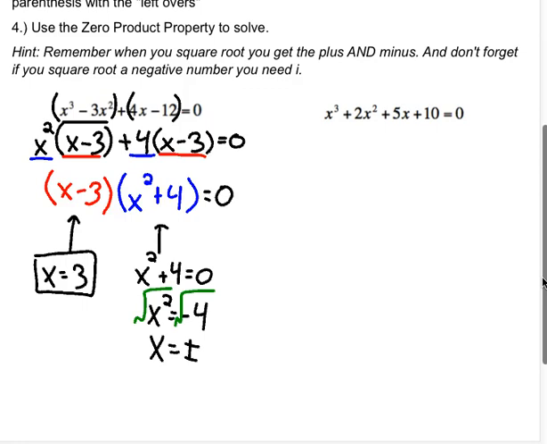In this case, I'm square rooting a negative number. Remember, when you square root a negative number, you're getting an imaginary number. So the square root of 4 is 2, and because of the negative, I'm getting the i. And there we go. So always remember that quadratic piece needs to give you two answers. Remember that you need to get the plus and minus out of that quadratic piece.